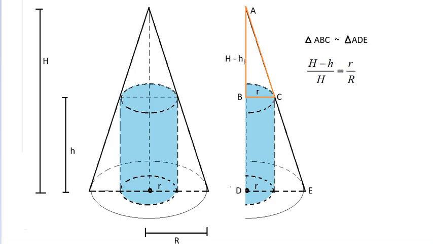Therefore the distance from here to here, which is big H minus small h, divided by the length of this side of the bigger triangle, big H, and then this side divided by this side, is small r divided by big R. Once again, the reason we have this is because the two triangles are similar.